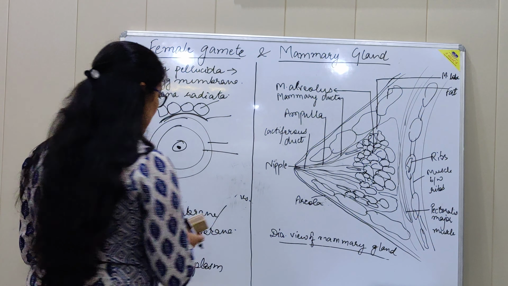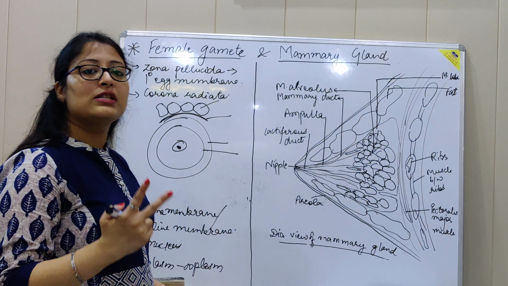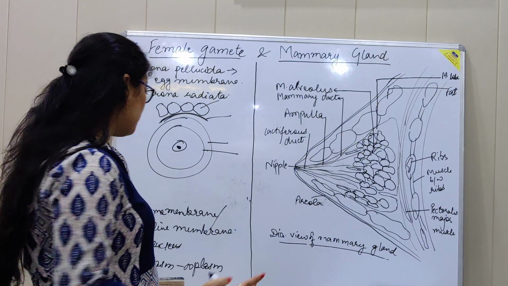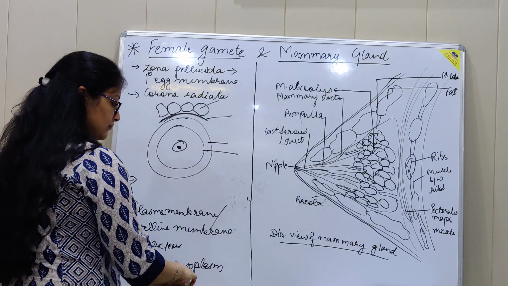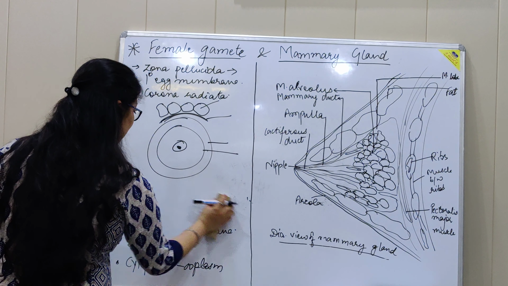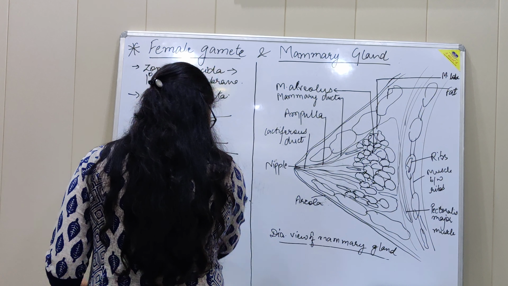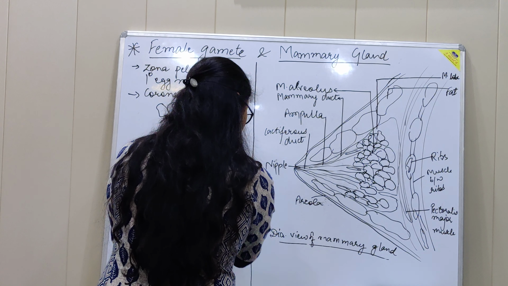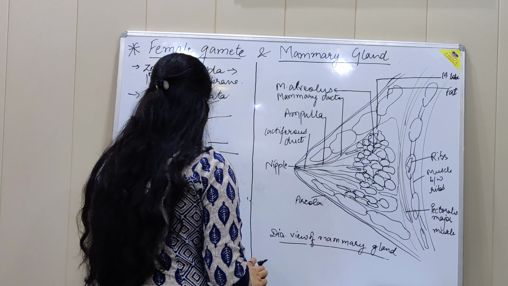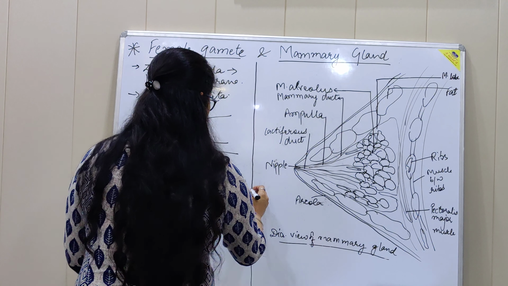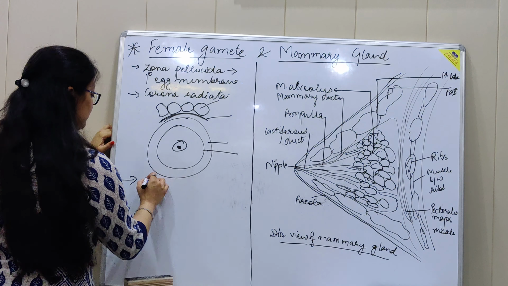Further, female gamete shows polarity. There are two types of poles, animal pole and vegetal pole.